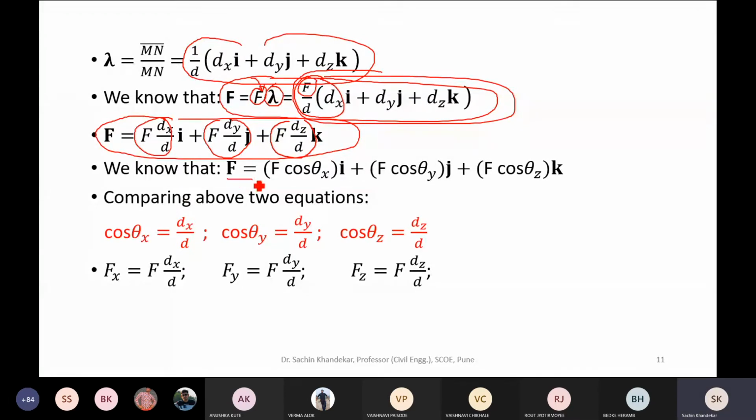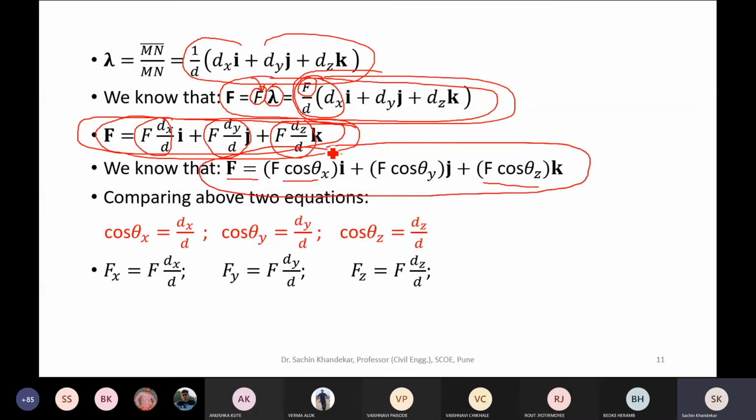Also we know, as we discussed yesterday, the force vector F is equal to F cos theta x i plus F cos theta y j plus F cos theta z k. We know this. Now if I compare these two equations, what will I get?